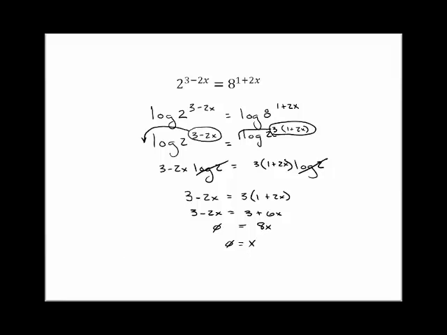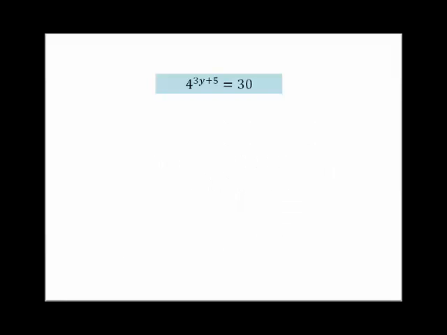All right. Ready to give it a try? Here's one for you. Stop the video and try it. Now let me give you a couple hints. You can add ln to both sides. You can add log to both sides.